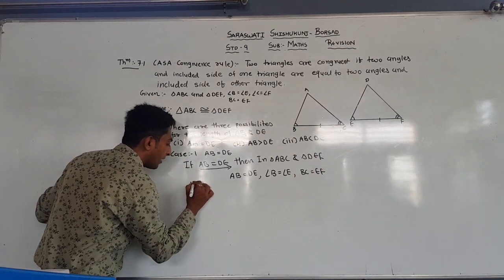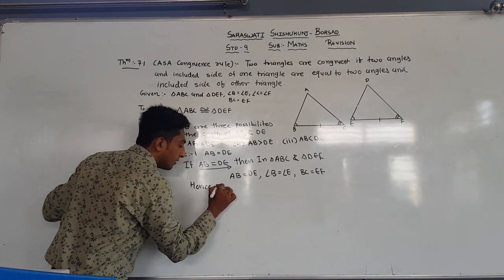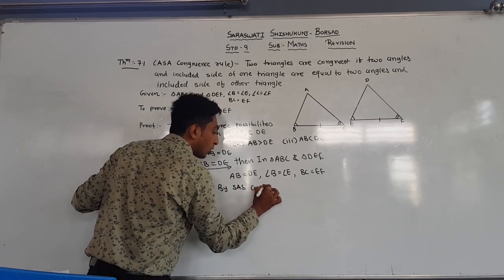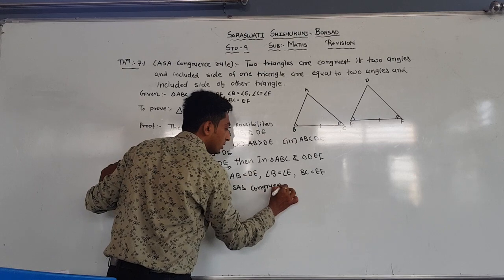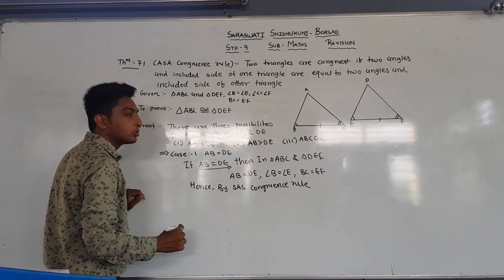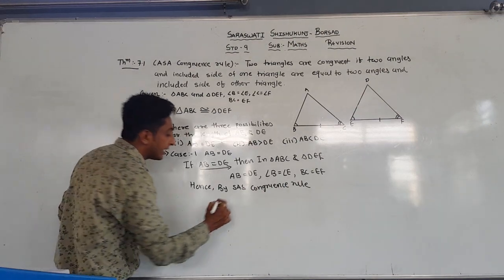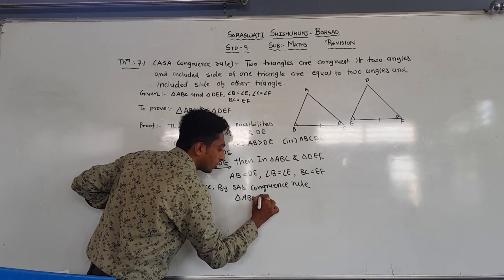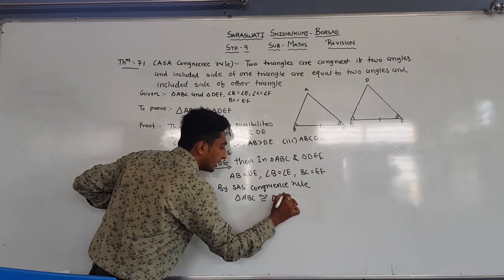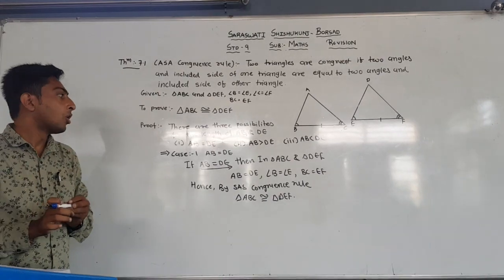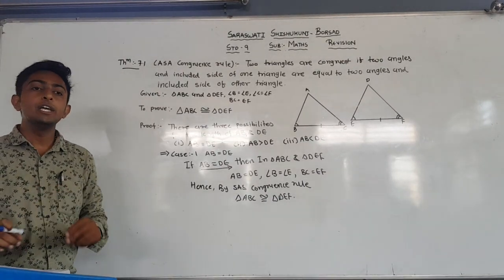So here I have to write, hence by SAS congruence rule, we can say that triangle ABC is congruent to triangle DEF.